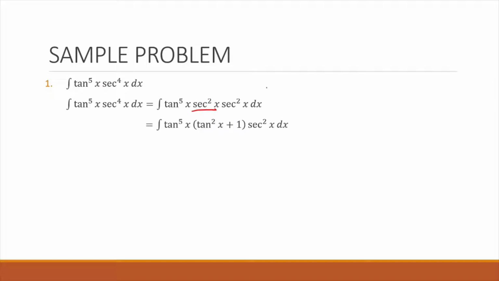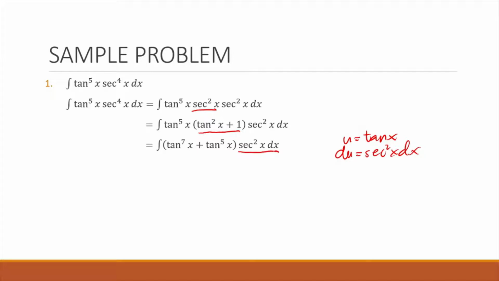So from secant squared, naging tangent squared x plus 1, and then distribute tangent raised to 5. And then from here, just let u equal tangent for both terms, di ba? Same technique lang, u sub lang, where du is secant squared x dx. So we now have secant squared x dx already.